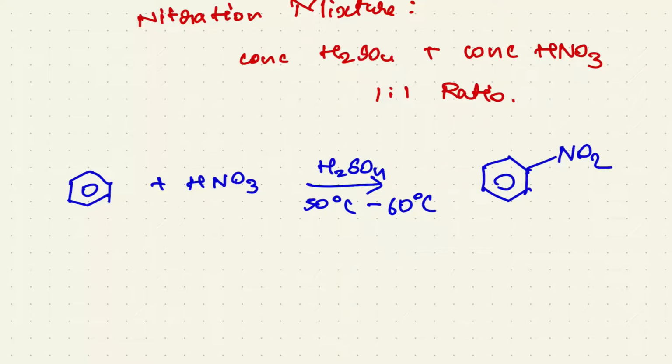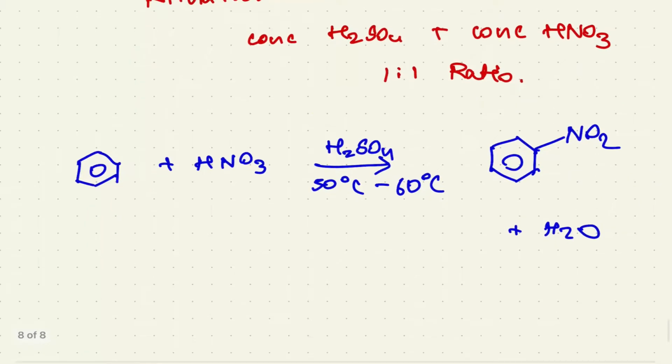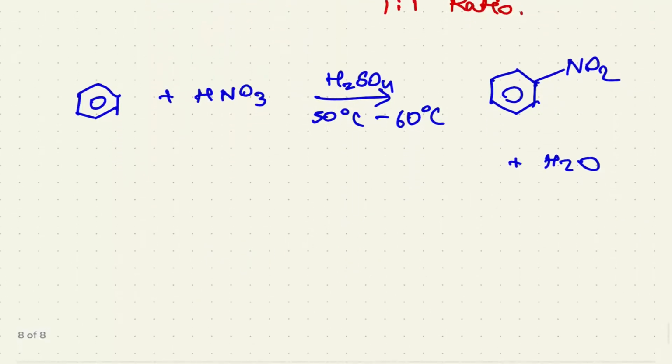Guess the product, NO2 and H2. You might find it a bit difficult. You might be assuming that it would break as NO3 minus and H plus. You might make a rough guess, but let me talk about what is happening when it is combined with H2SO4.